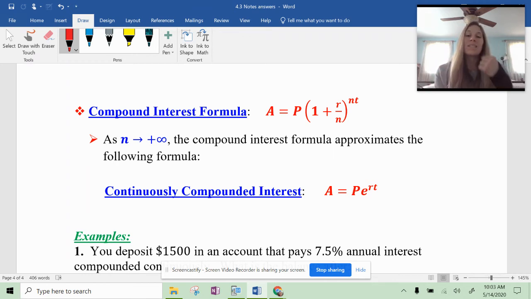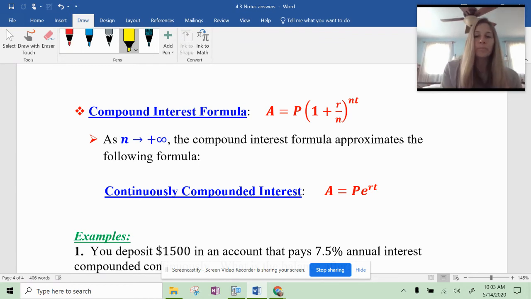So when something is continuous, if interest were to be applied continuously, not like every X amount of days, this whole piece here would approach E, right? So that's why they replaced all that with this E.